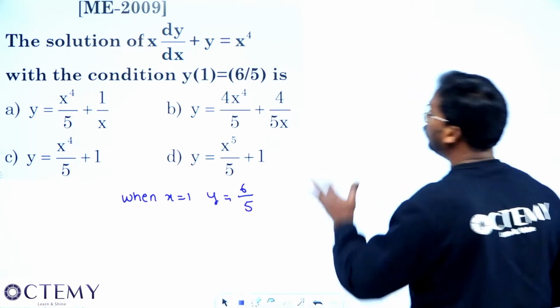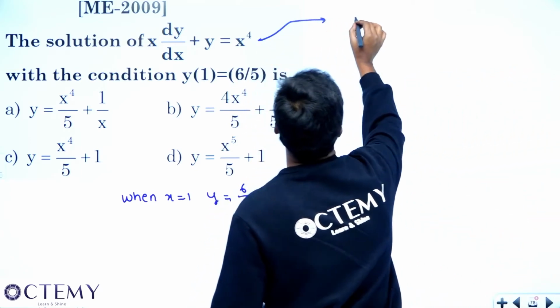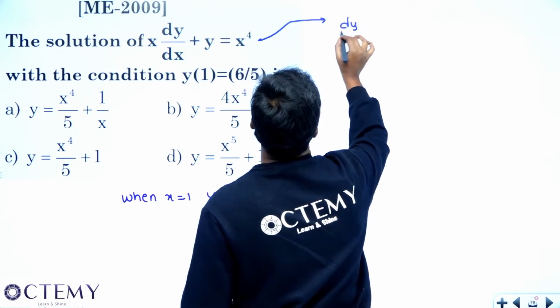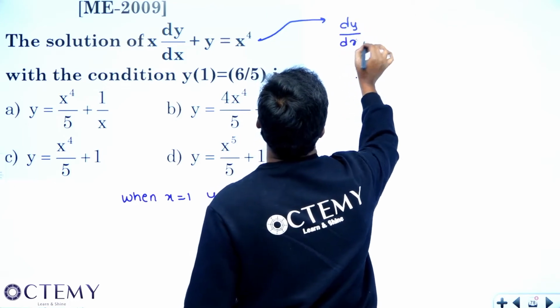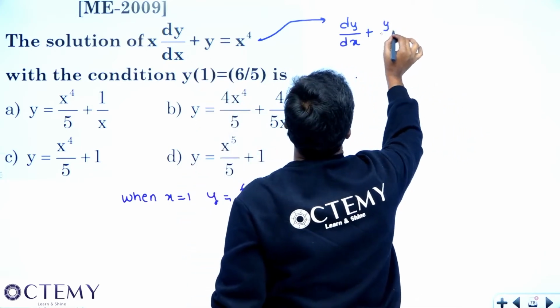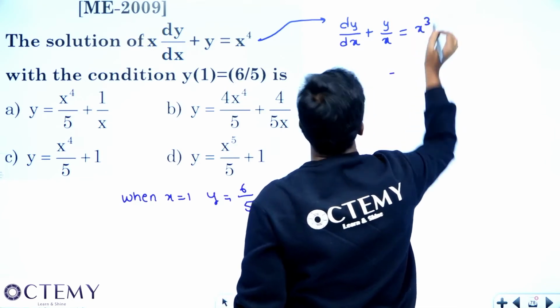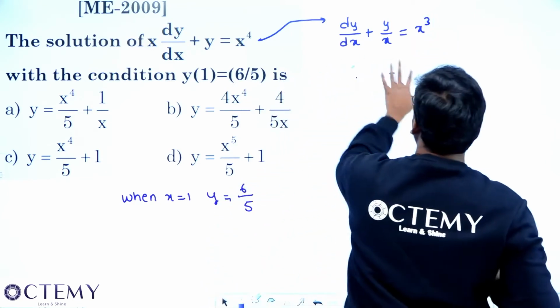Let us try to write it in a proper form. I am dividing the entire equation with x. So that will become dy by dx plus y by x is equal to x cube, right? Very good.